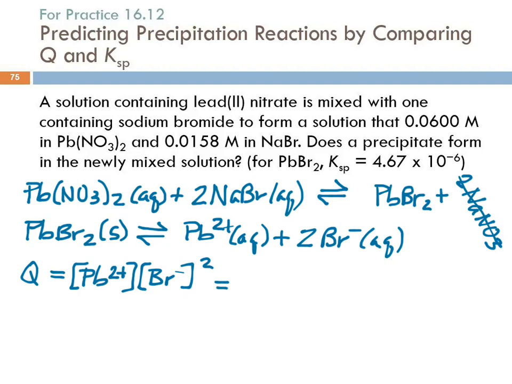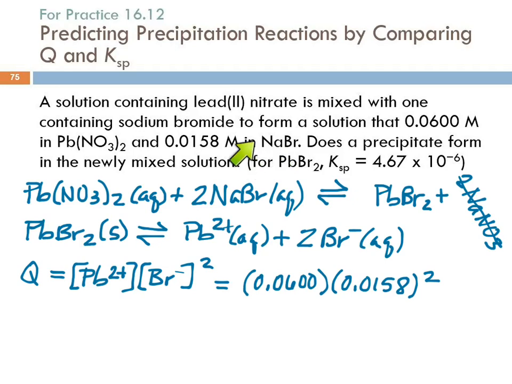Exactly the intonation I was going to use. Intonation stealer. What's the lead ion concentration? 0.0600. What's the bromide ion concentration? The other one. 0.0158 squared. Now, notice that in this formula, there's a 1-to-1 ratio.